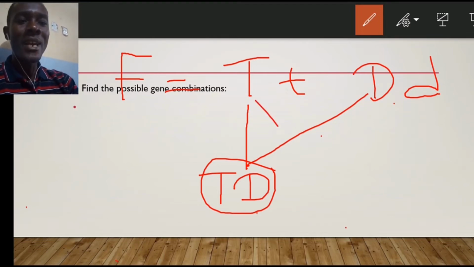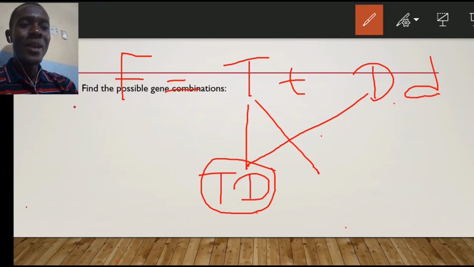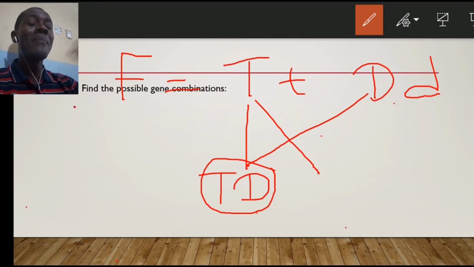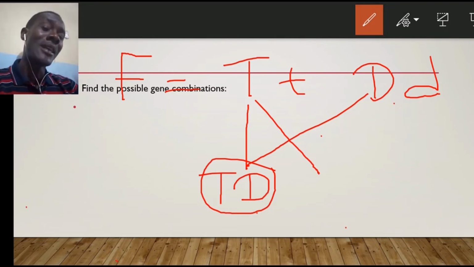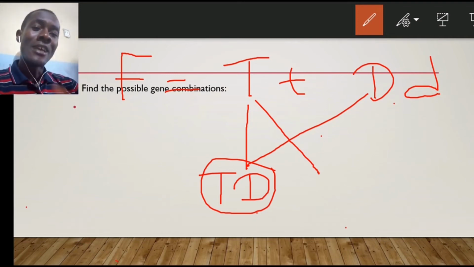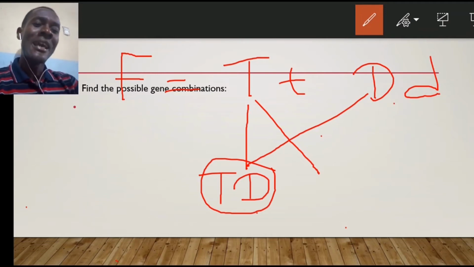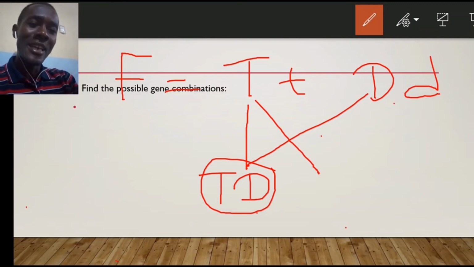In another gamete of this same man, you can have, of course, in the male, and every organism that is involved in sexual reproduction, the male always produces millions of spermatozoans. And in those millions of spermatozoans, there are different gene combinations. That is exactly what you're seeing now.